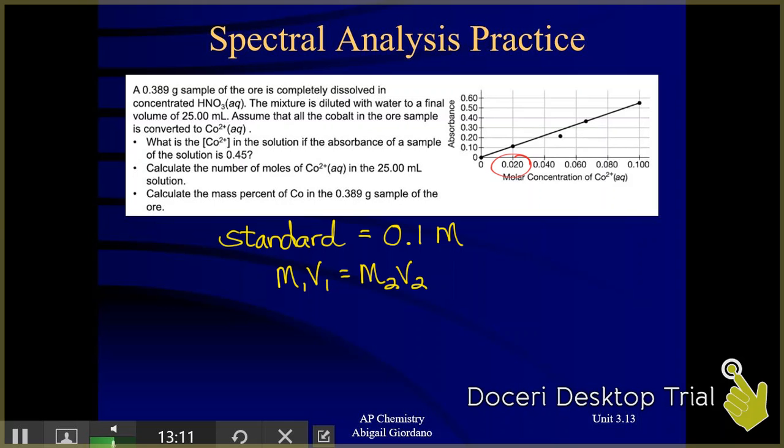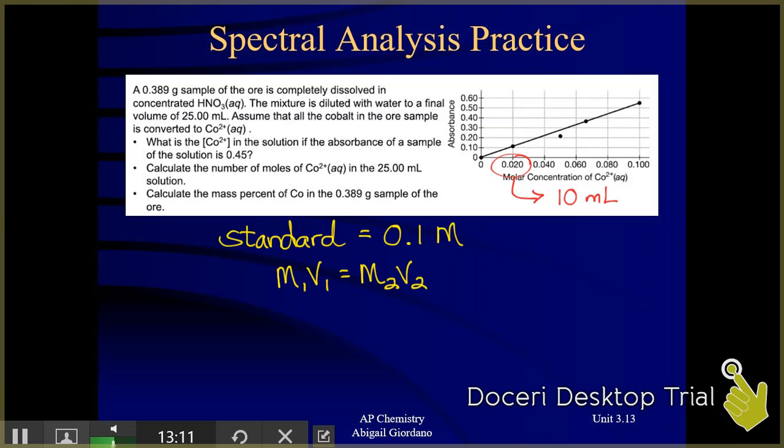You have a standard solution that is 0.1 molar. All right, and your instructor says to you, I want you to make a solution that is 0.02 molar, it's more dilute, and I want you to make 10 milliliters of it.